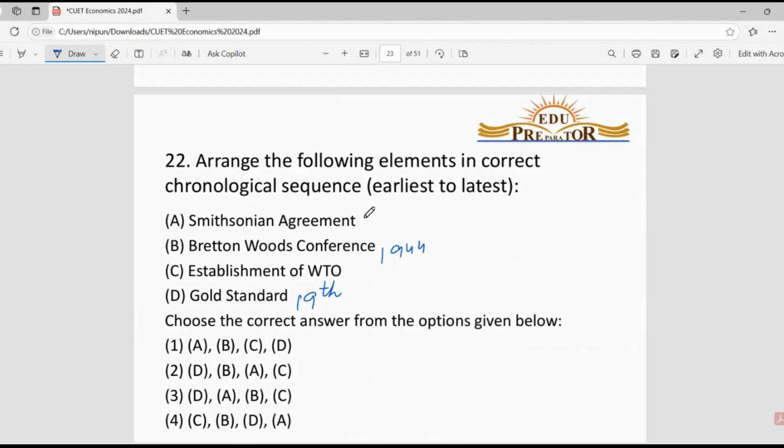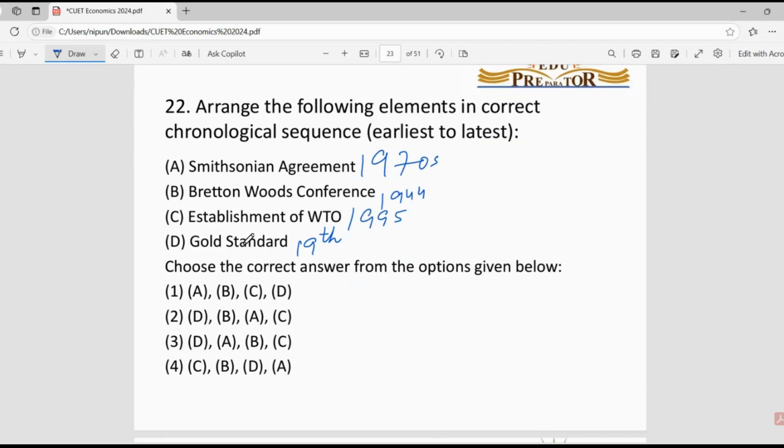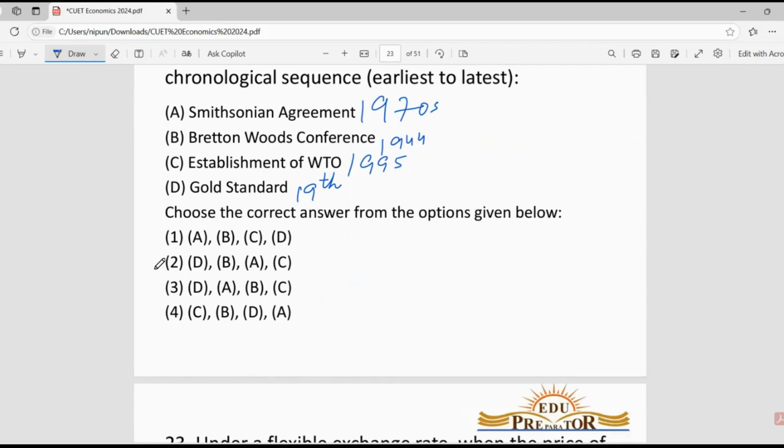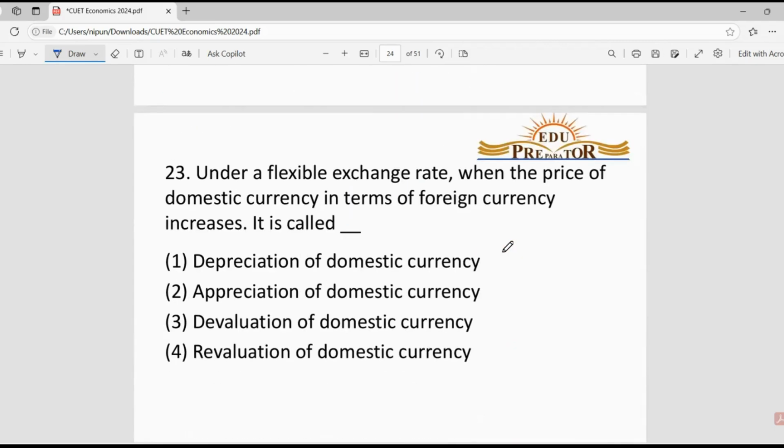Then Smithsonian Agreement, this was somewhere in the 1970s. And establishment of WTO was in 1995. Therefore, D, B, A, C should be the correct sequence. Option number 2 is the correct one. Right? Let us move further.